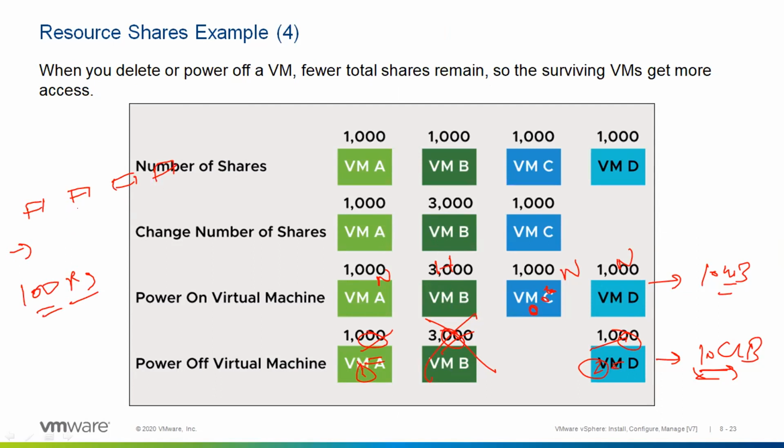How will I share? 25 rupees, 25, 25, 25, correct? Now I am saying this candidate is no more available. So now how many people are you? 3. So if I divide this value by 3 equally, how much will it go? So it increased, na? It increased in the ratio of whatever shares have been defined.